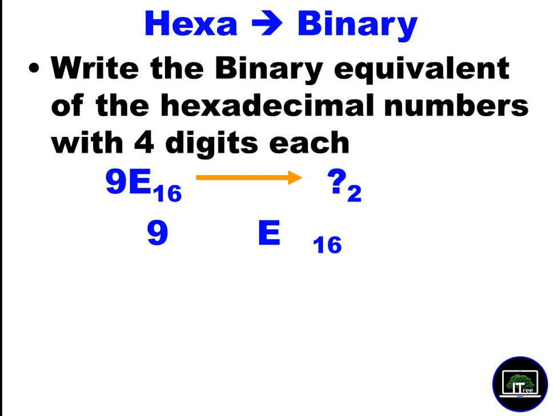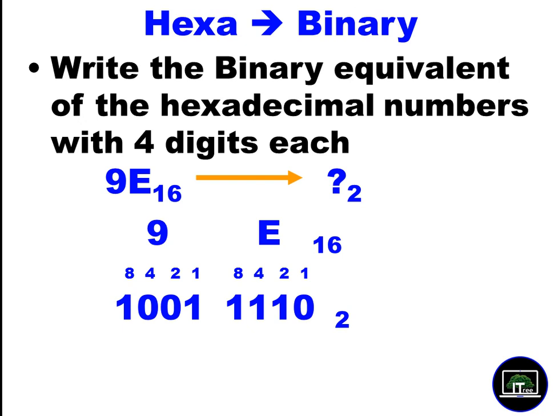Here you write 8 4 2 1. How to make 9? It's 1 0 0 1. E is 14. It is 1 1 1 0.